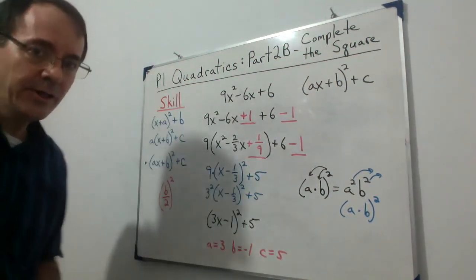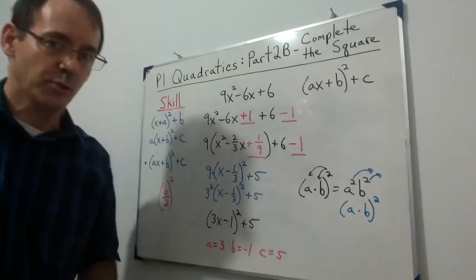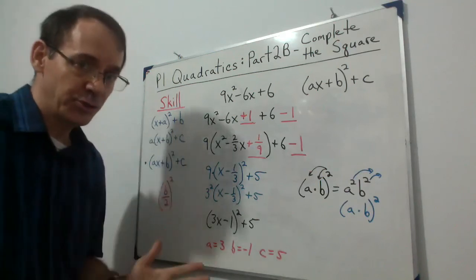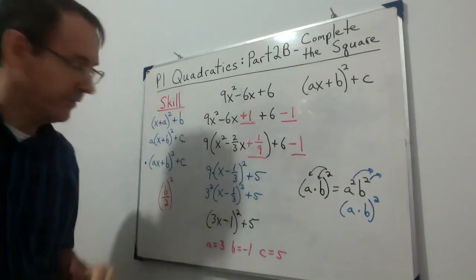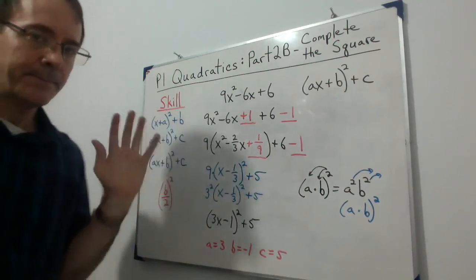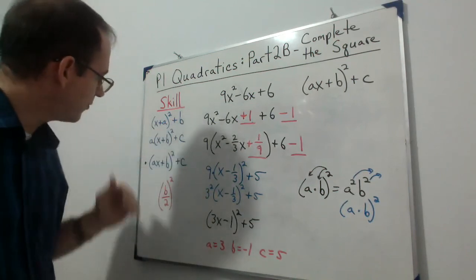So here we go. We're at the end of part 2B of completing the square, the skills part, that is how to do it algebraically, following our algebraic system at 3 different difficulty levels. So make sure you really get this skill down. All 3 levels.